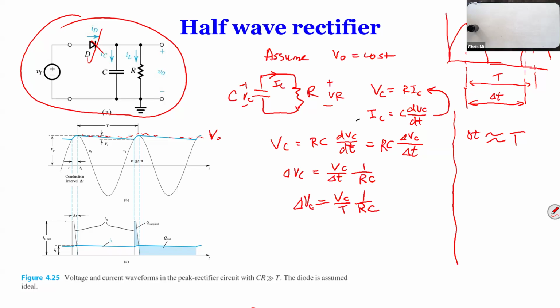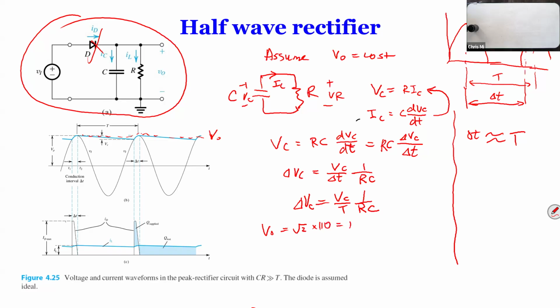So the next question is, if I want my ripple to be small, I need to design the capacitor so that I get my ripple within range. Let's take an example. Let's say your VO, or in this case VC, is square root of 2 times 110.